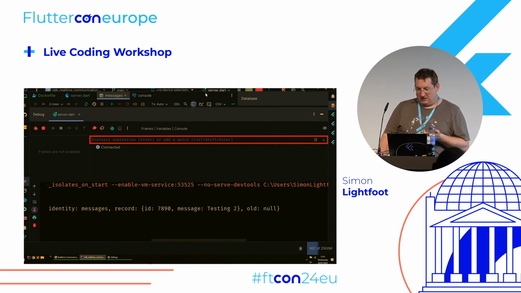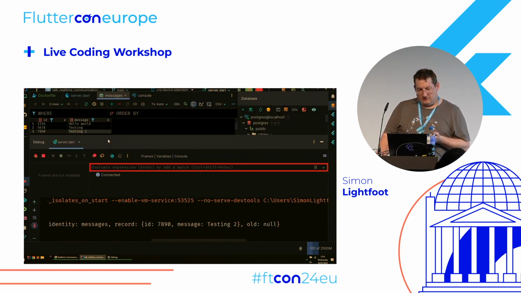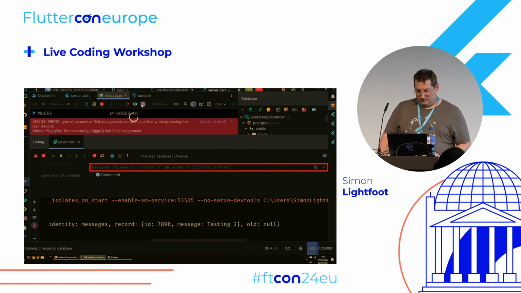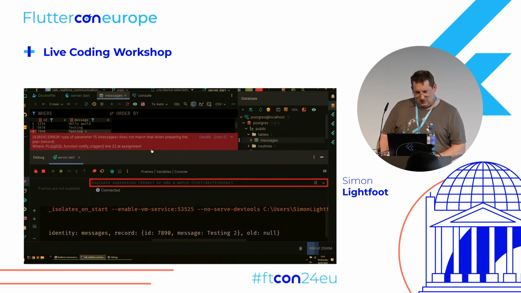In fact, let's do an update now. So if I go and change that to testing 3 and hit save. It does not like that, apparently. Okay, the trigger's failed. Line 22.